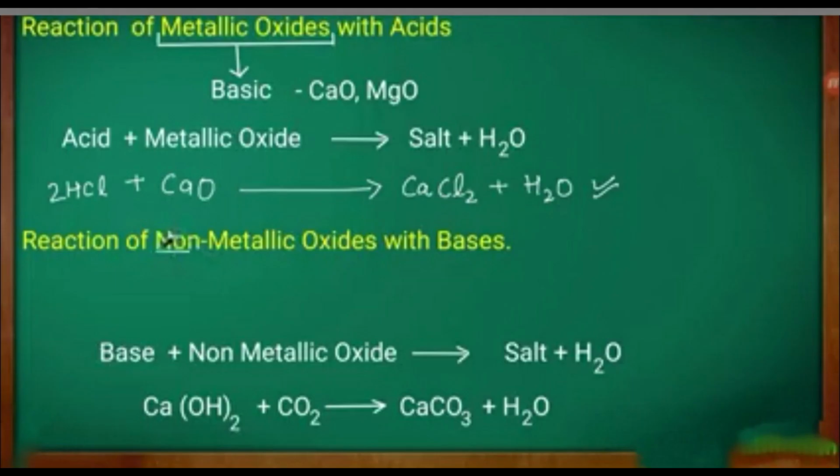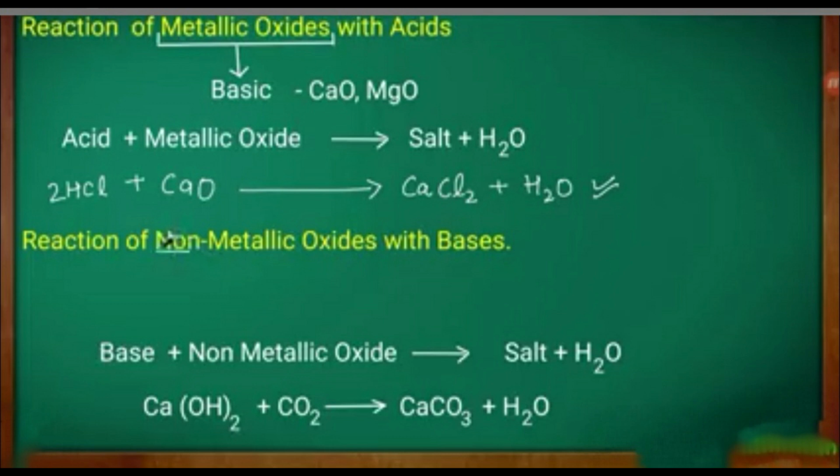Acids react with metallic oxides to form salt and water. Hydrogen chloride reacts with calcium oxide, which we call quicklime, CaO, to form salt, calcium chloride, CaCl2, and water.